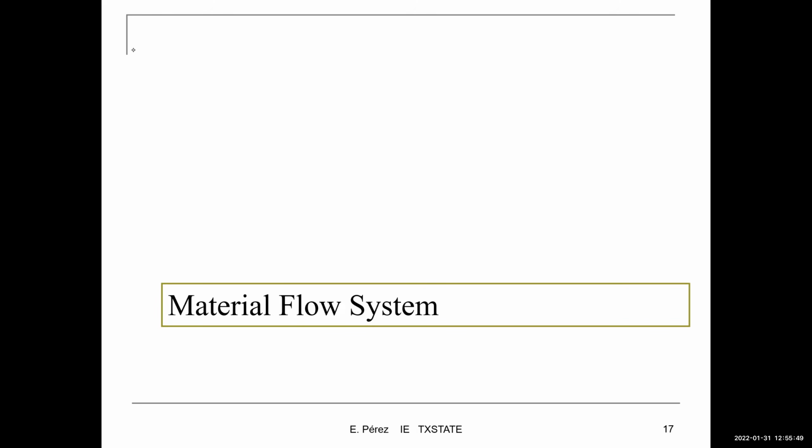So it's not just the building that we are trying to design, but we need to take into account all these inputs and outputs that happen in a manufacturing process. Now that we have an idea of the products that are moving, the type of equipment needed, the space needed, and all the inputs and outputs, you can start thinking about the actual design of a facility. And we're going to look at the material flow system next.